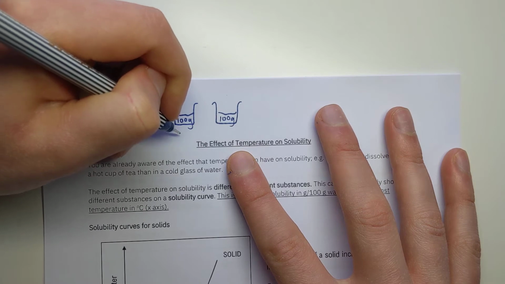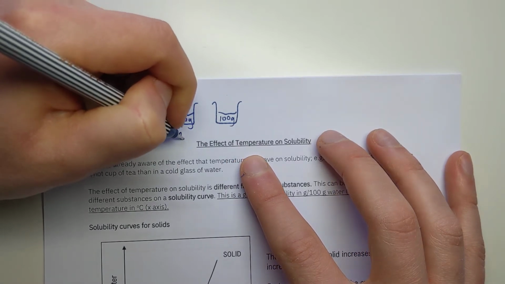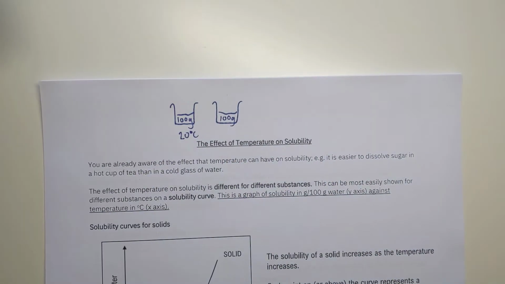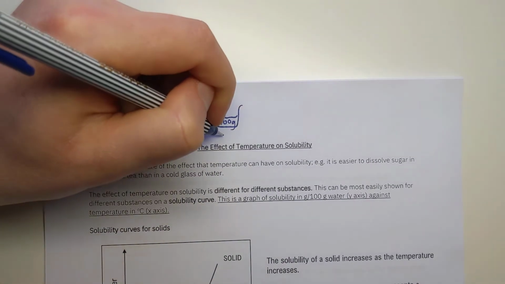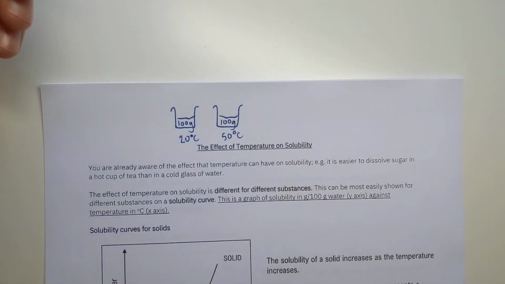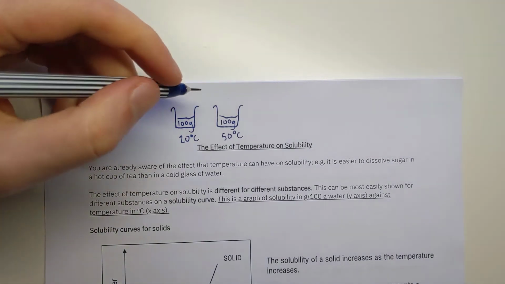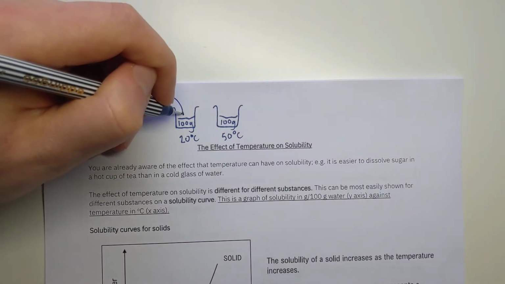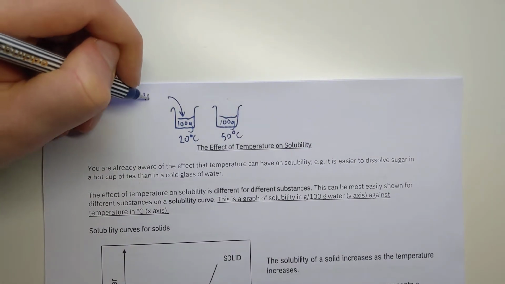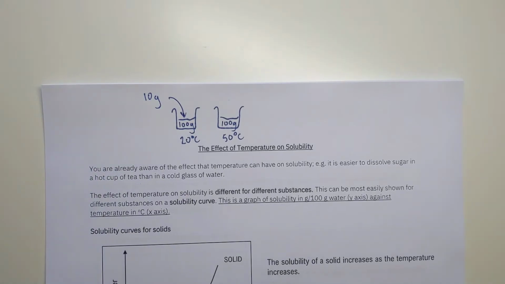Let's say they've got different temperatures though. Let's say this one on the left is at 20 degrees C, and the one on the right is slightly hotter, it's at 50 degrees C. Because they've got two different temperatures, I'm expecting I'll be able to dissolve different amounts of solid in them. For example, the one at 20 degrees C, for the particular solid, I might only be able to dissolve 10 grams of the solid in it.